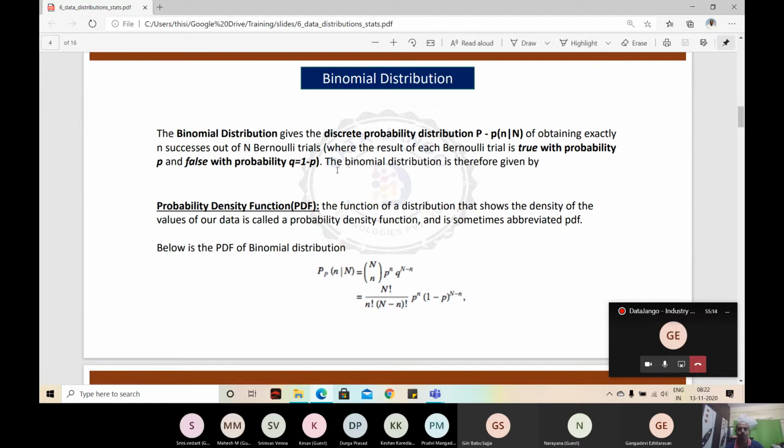Okay, so the probability density function. What is it? A function of a distribution that shows the density of the values of our data.